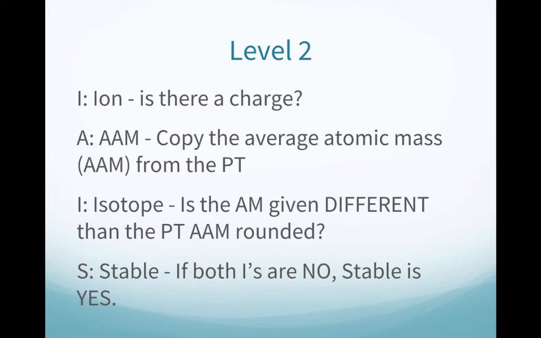This question has to be answered yes or no. Is the AM given, the atomic mass given, different than the periodic table average atomic mass rounded? That's why we write down the average atomic mass, so that you can very easily make a comparison between what you're given and what is on the periodic table. The final S is stable. If both I's say no, stable will say yes.